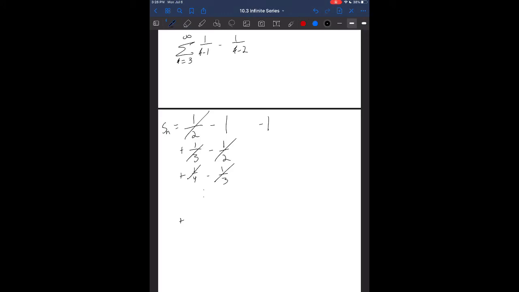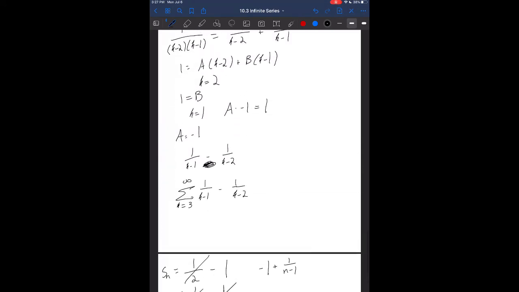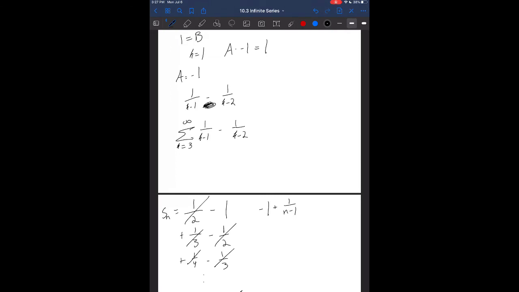negative 1, oops, sorry, I did that last part wrong. So we have plus 1 over n minus 1 minus 1 over n minus 2, and this is the one that's going to cancel. I always go down and to the right first. So I have negative 1 plus 1 over n minus 1.